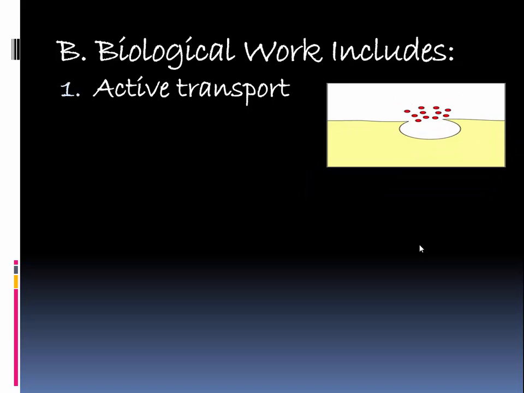So what does it mean to be biological work? Remember when we talked about active transport, going up that hill, moving things across that cell membrane that need energy to do that. Exocytosis is one of the examples, a protein pump that's pumping things across the membrane that doesn't go from high to low. We're going from a low concentration to a high concentration. That's active transport.